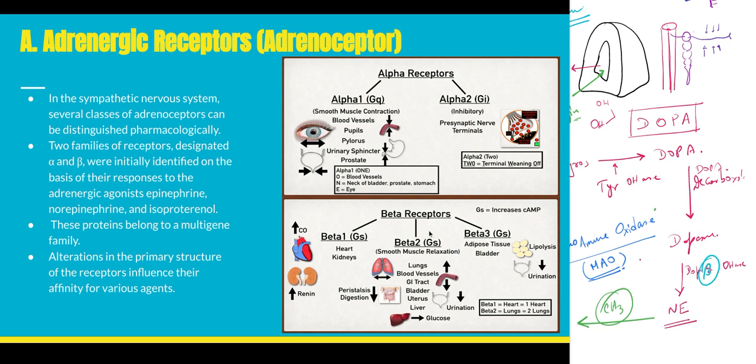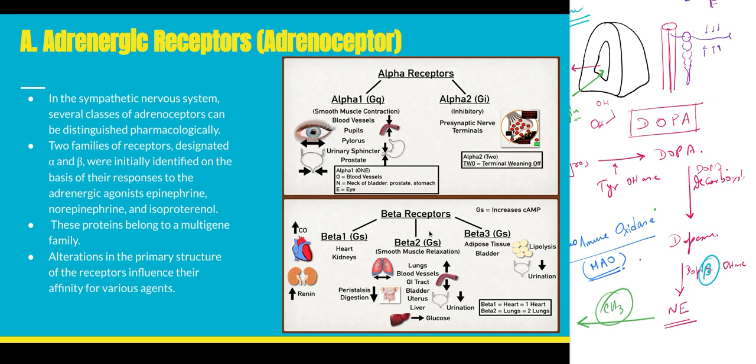Now if you look at the lower part, that's beta 1. Here they have asked you to remember it this way: what is present as one unit in our body? The heart is a single structure. The rest are all paired, but we have just one heart.